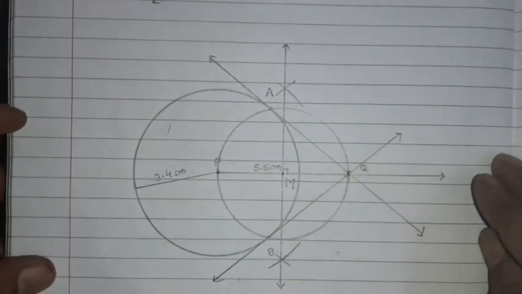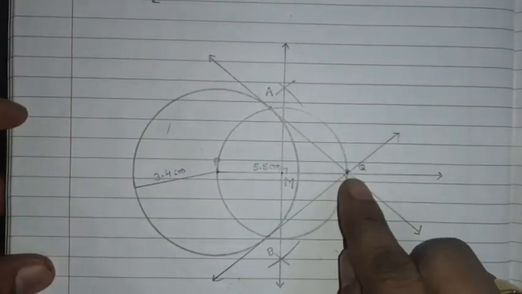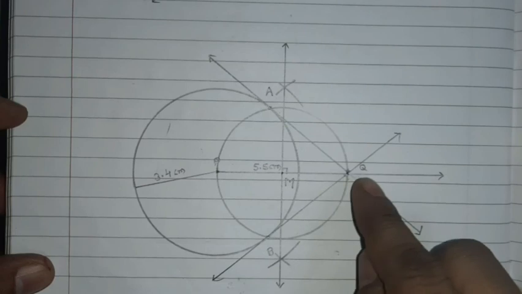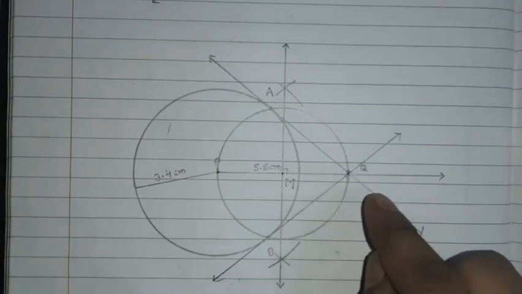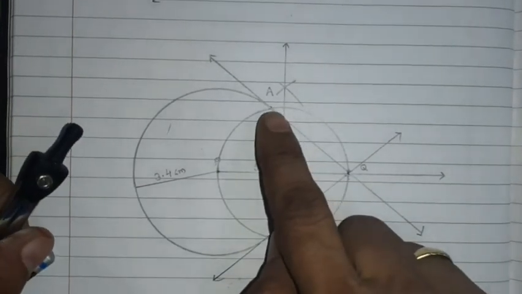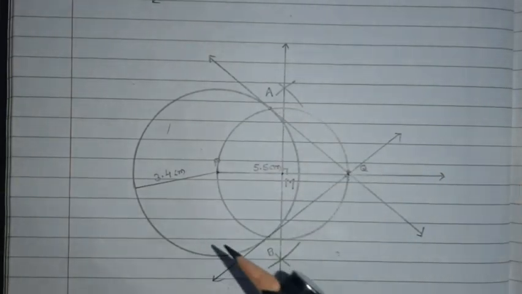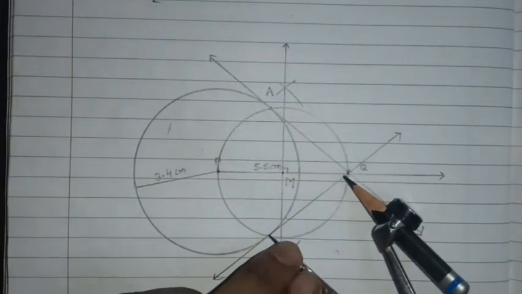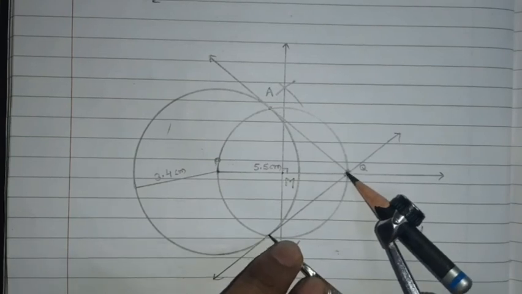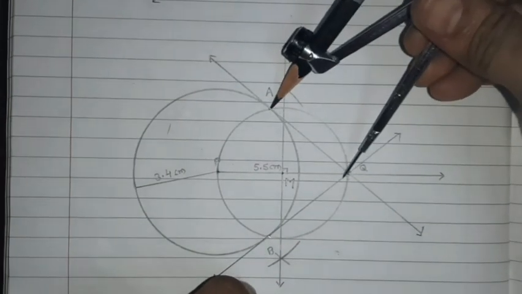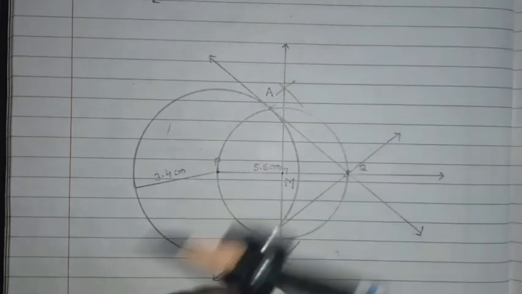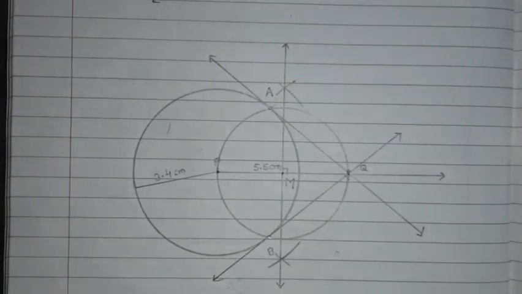In chapter number 3, we learned that the tangent segments drawn from outside the circle are congruent. See, dear student, AQ is a tangent segment, QB is a tangent segment. These two tangent segments are congruent. We can verify this. See the distance. This distance and this distance is the same. Therefore, we can say that the tangent segments drawn from the point outside the circle are congruent.